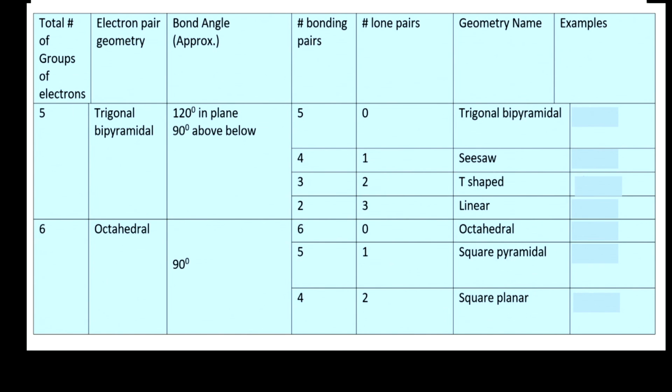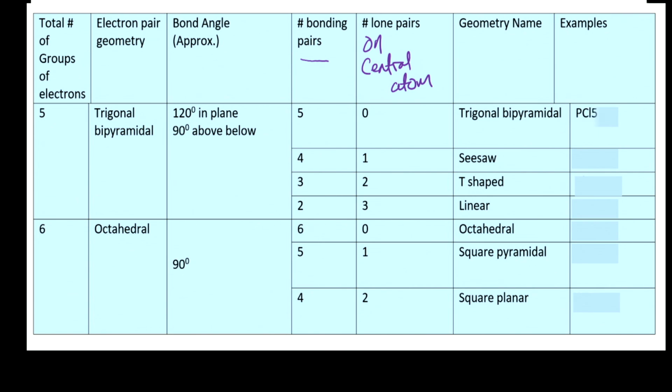So here's a summary chart talking us through the total number of electron domains surrounding the central atom, then our electron pair geometry, the approximate bond angles, followed by our bonding pairs, and then our lone pairs on our central atom. And then we have its molecular geometry name, and see if we can remember our examples that we did this evening.